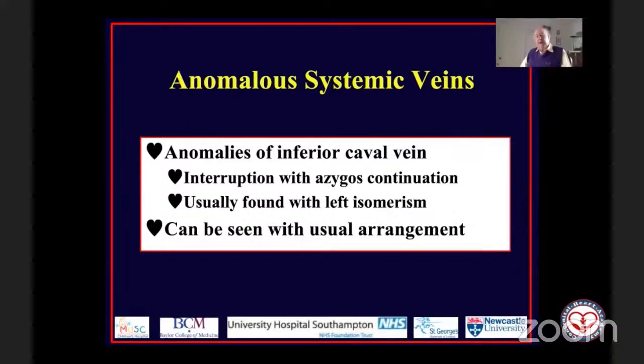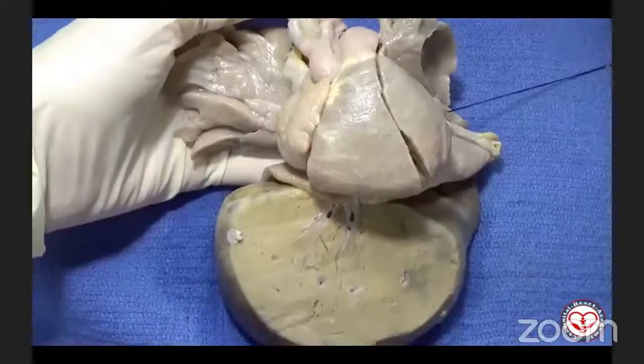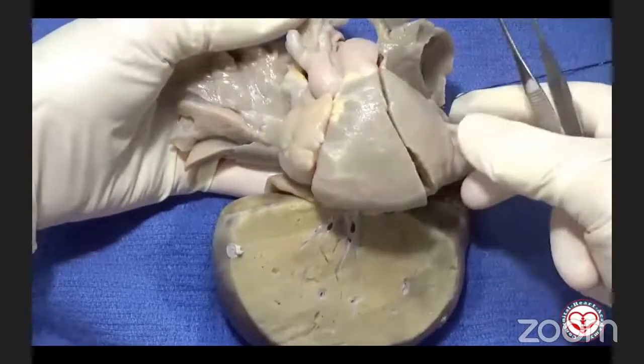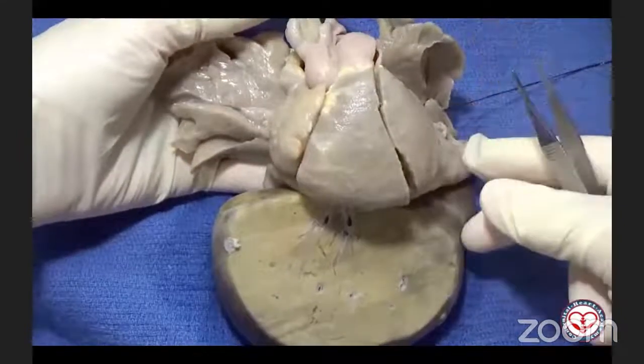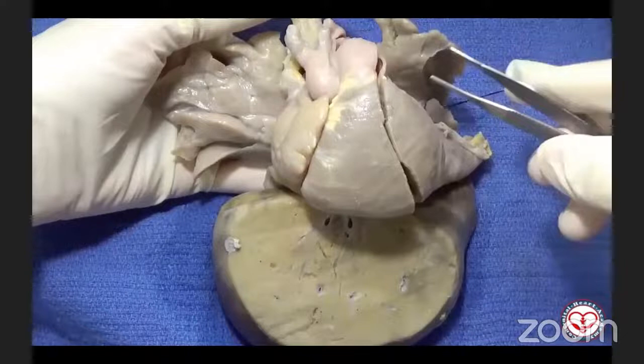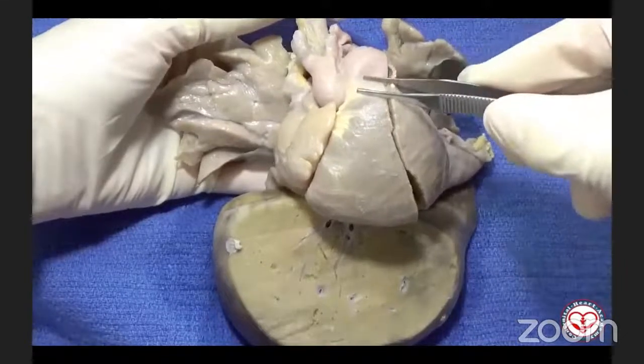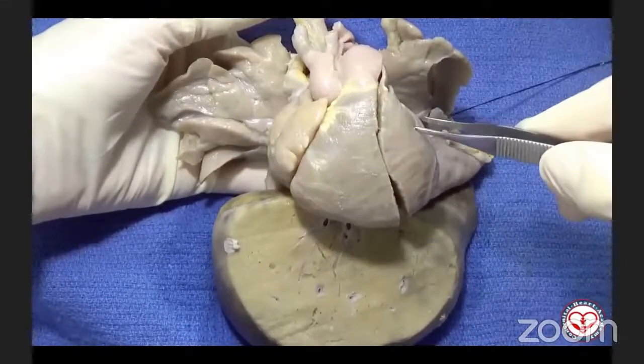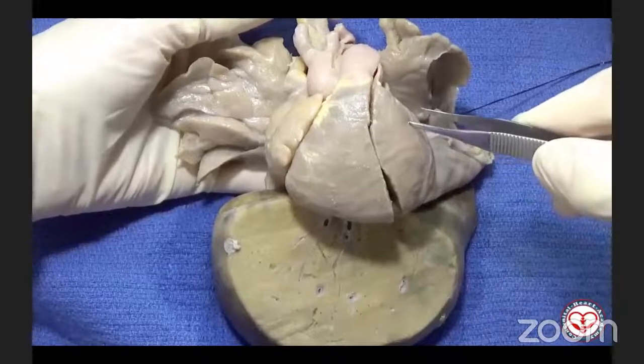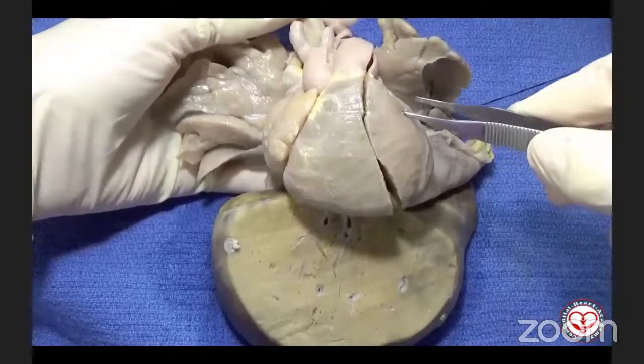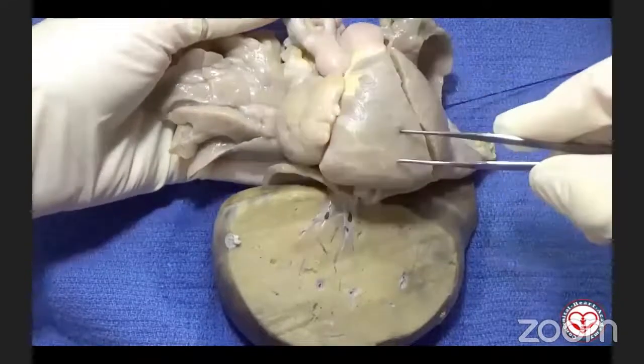She's going to show you a nice example of azygous return in the setting of left isomerism. This specimen has the liver attached and has isomerism of the left atrial appendages. The arterial trunks are spiraling from the ventricular mass in the usual fashion, and there are concordant ventriculo-arterial connections.